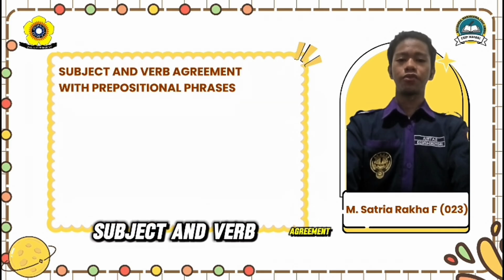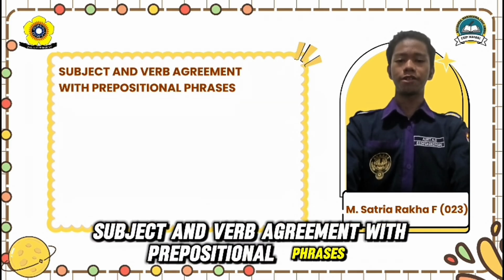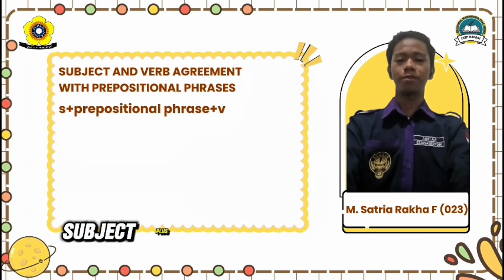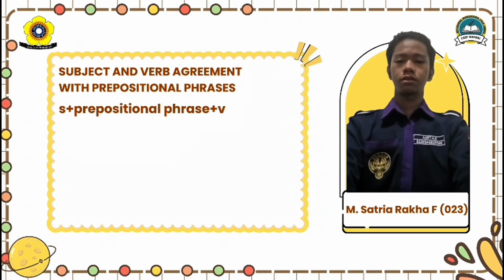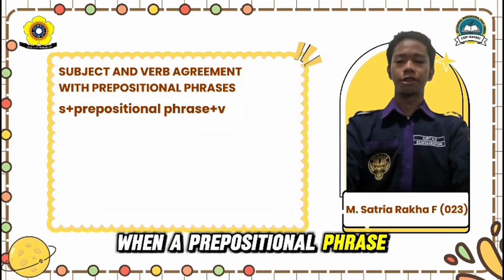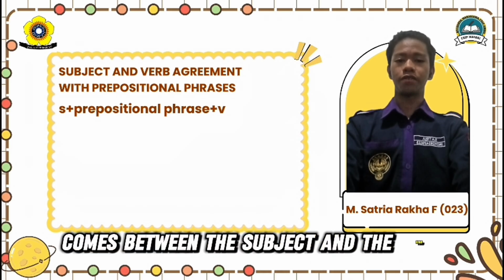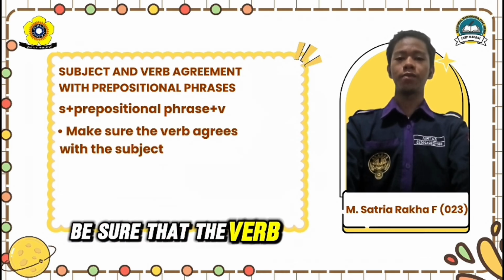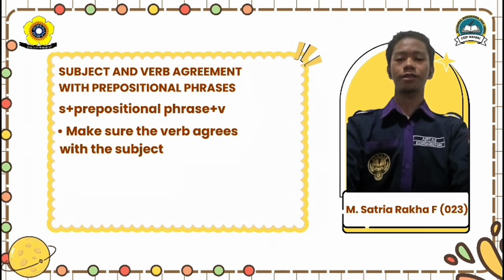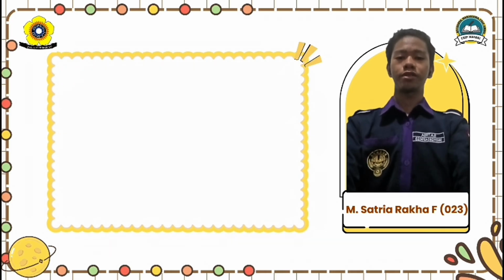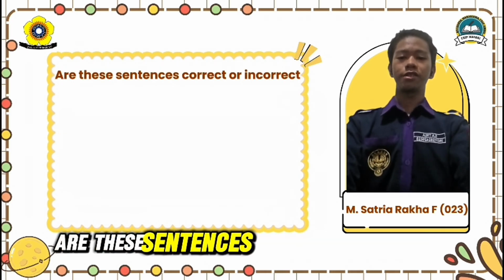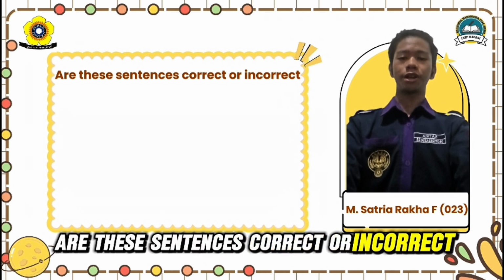Subject and verb agreement with prepositional phrases. Subject plus prepositional phrase plus verb. When a prepositional phrase comes between the subject and the verb, be sure that the verb agrees with the subject. Let's take a look at these examples. Are these sentences correct or incorrect?